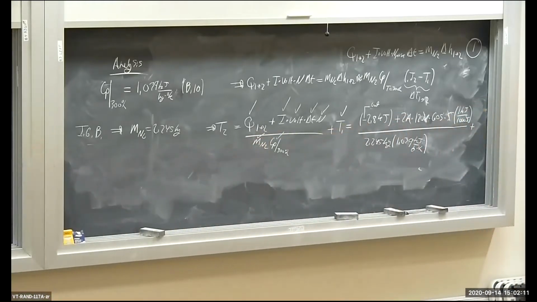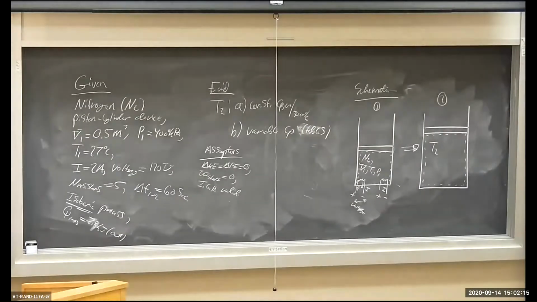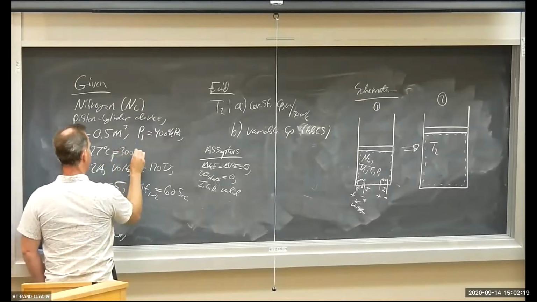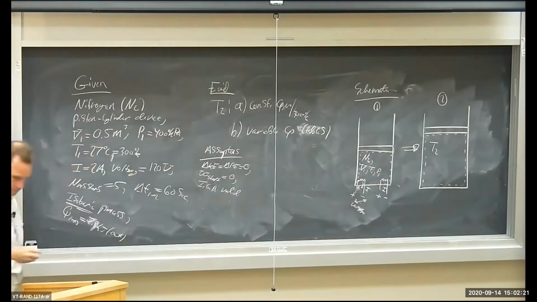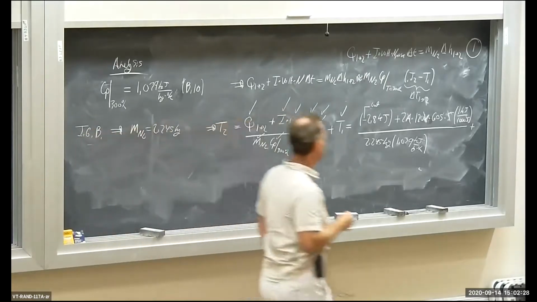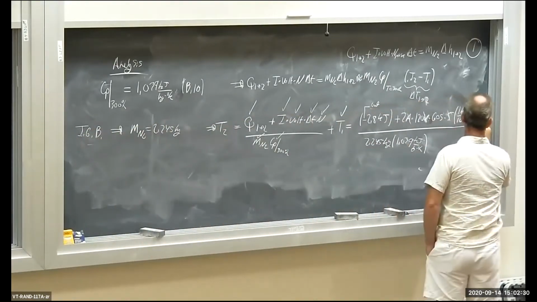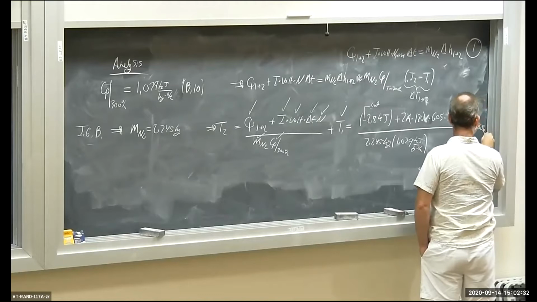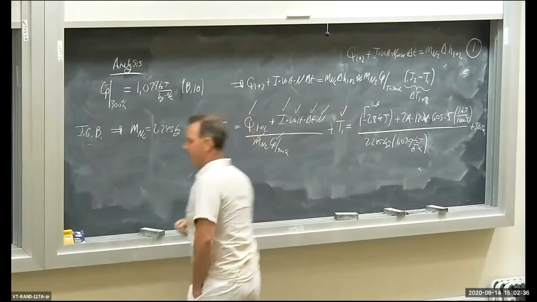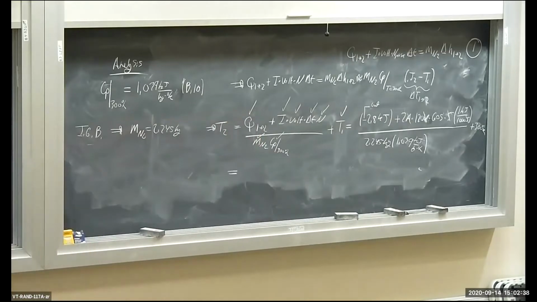T1 is 27 degrees C. Or if you like, 300 degrees Kelvin. I guess I'll do the whole problem in Kelvin, okay? Excuse me, I've got the hiccups. 300 degrees Kelvin. Running out of space. All right, let's see, what do we get?